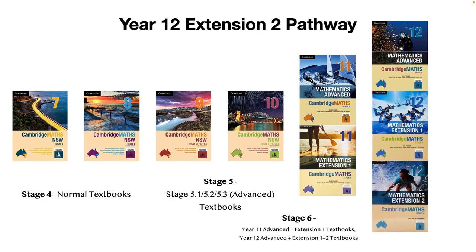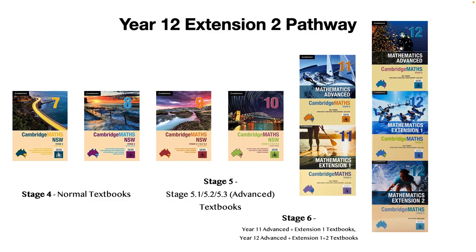Extension 2 is quite interesting. For stage 6 in year 11, you only need the advanced plus extension 1 textbook, or just the extension 1 textbook because it already contains the advanced content. In year 11, extension 2 doesn't exist. But if you did extension 1 in year 11, then you can do extension 1 or extension 2 in year 12.